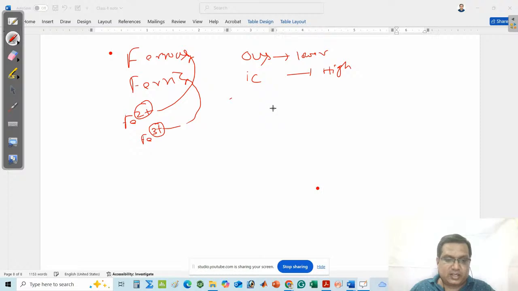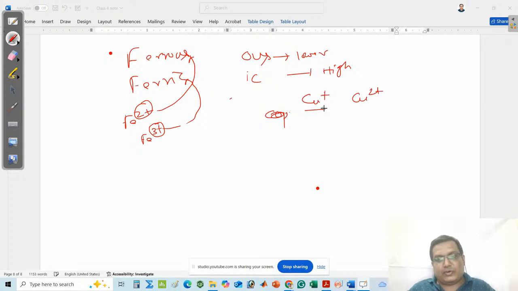Similarly, you can think about another example, suppose I want to show you stannous, stannic. Similarly, you can think about plumbous, plumbic. Similarly, cuprous, cupric. Suppose I want to show you Cu plus, Cu2 plus.